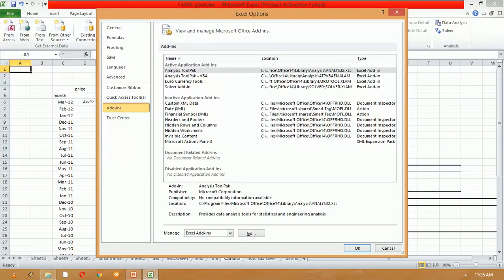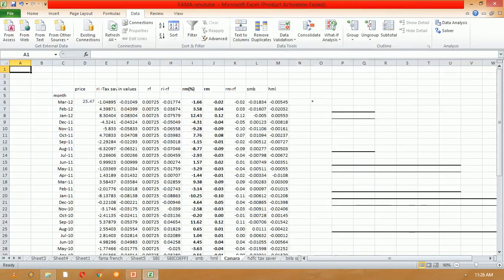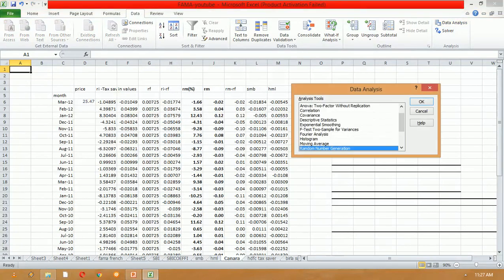In Add-ins you have to install the Analysis ToolPak. Insert this Analysis ToolPak, and only then are the regression, correlation and all the analytical tools available. I have already inserted it here. Click on Data Analysis, and see, all the analytical tools are here: ANOVA, correlation, F-test, histogram, moving average, everything.